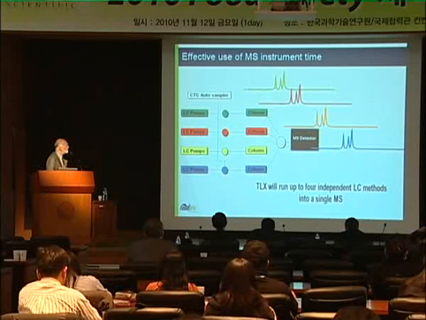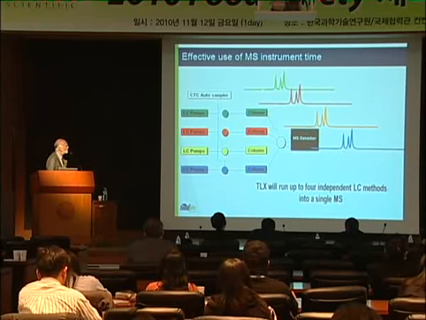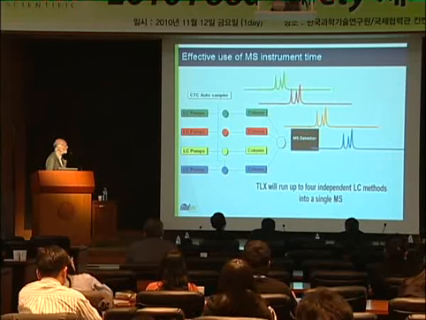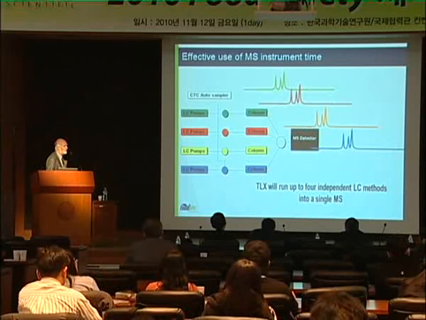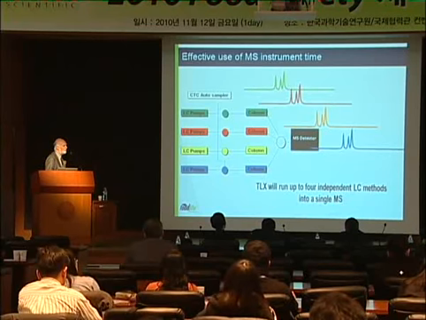What this means is that the instrument is only being used for 3 or 4 minutes, although it's effectively tied up for 45 minutes because you can't start the next analysis until you've completed the chromatographic run.